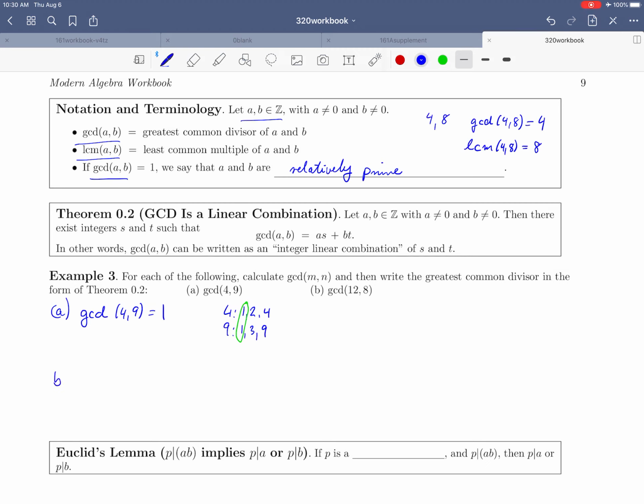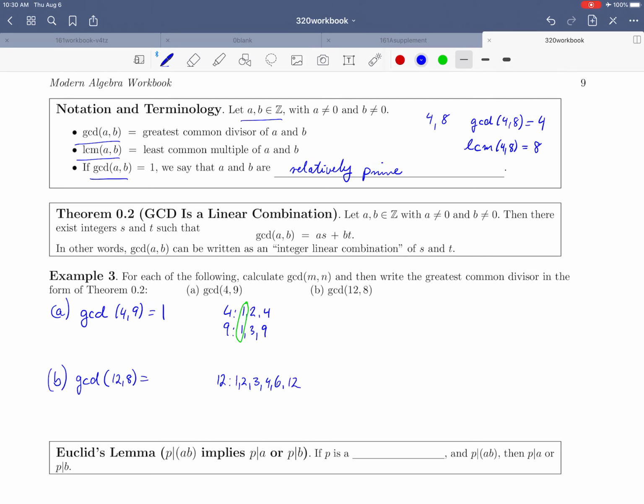What about 12 and 8? What is their greatest common divisor? Let's write them down. For 12, we have 1, 2, 3, 4, 6, and 12.